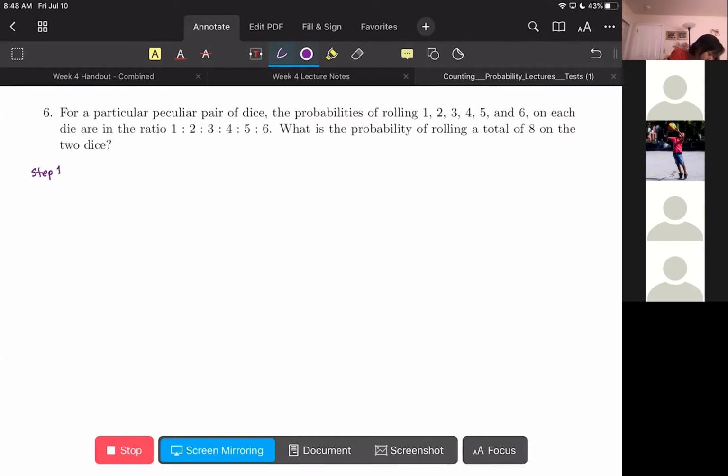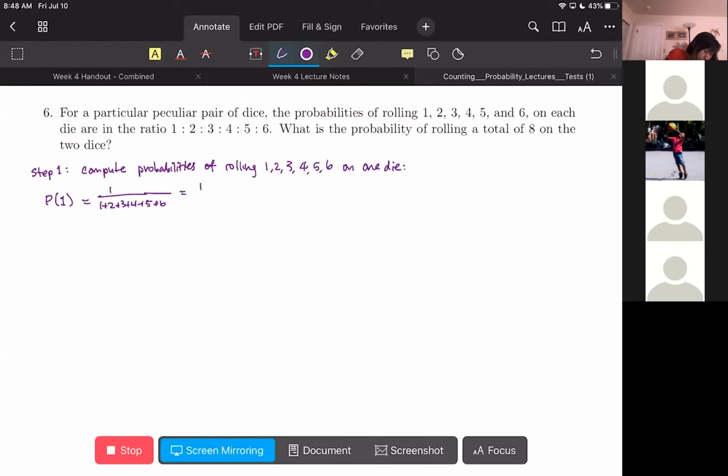Step 1, we want to compute probabilities of rolling, and so you said the probability of rolling a 1 is 1 over 1 plus 2 plus 3 plus 4 plus 5 plus 6.